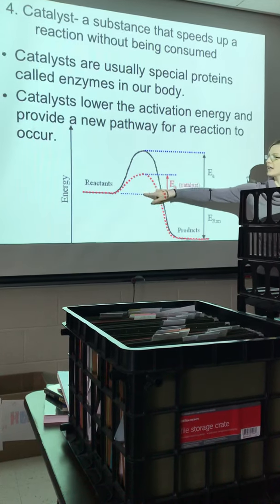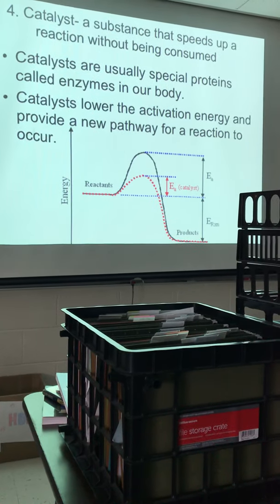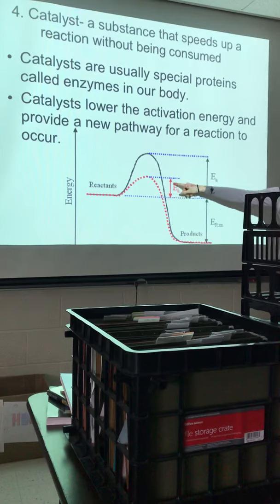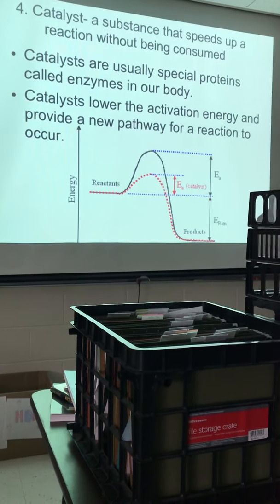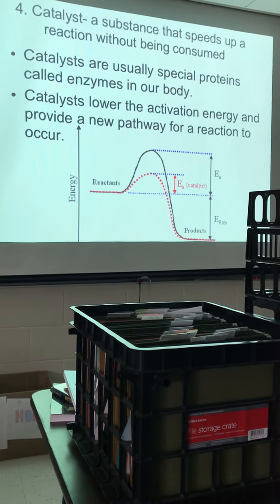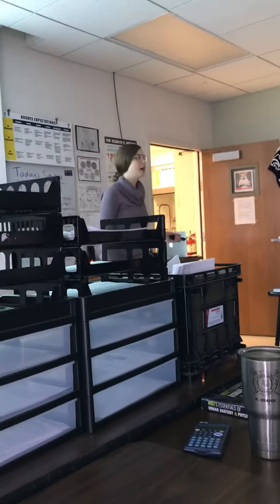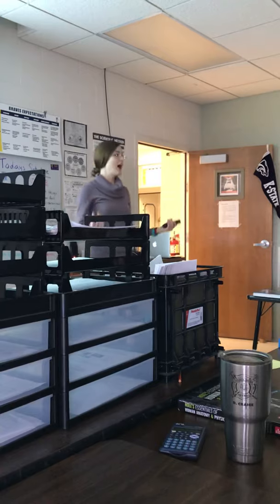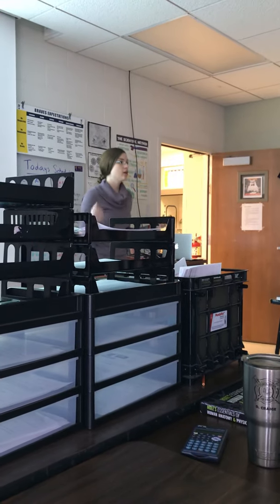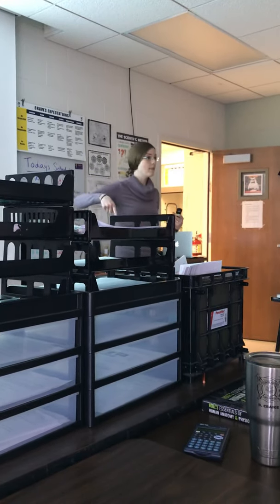And notice that the activation energy bump is a lot lower. So what that means is you don't have to have as high of a temperature or as high of a concentration or as high of a surface area in order for the reaction to actually happen.